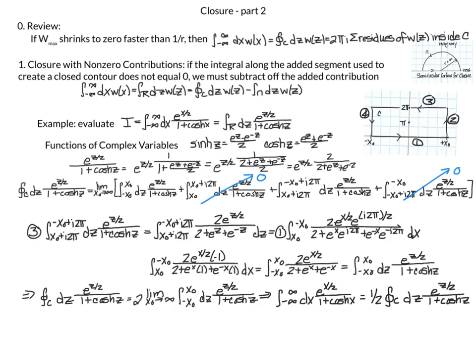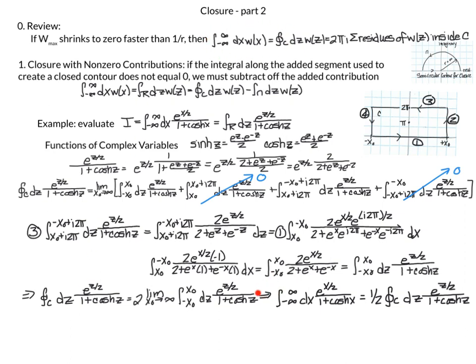You can also see why paths 3 and 1 are equal as x naught approaches infinity, that plus i 2 pi is going to be negligible. Then what this implies, if we divide both sides of the equation by 2, and also remember that the whole point of our closure is that the closed path integral is equal to our real integral over here.